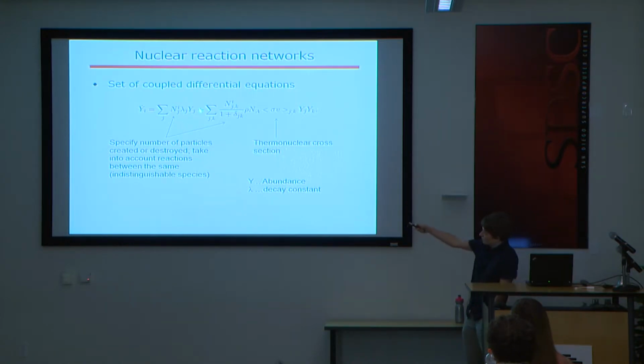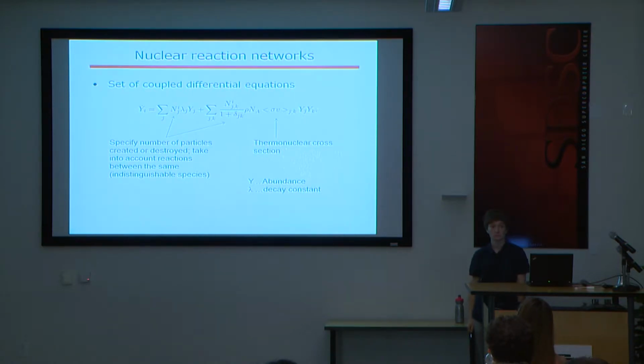So you see here are the ones like decays, reactions with photons, leptons, and neutrinos. And then over here are the reactions between nuclei or nuclei and nucleons. But really, what this means is just you sum the contributions from all the reactions that either make or destroy I.